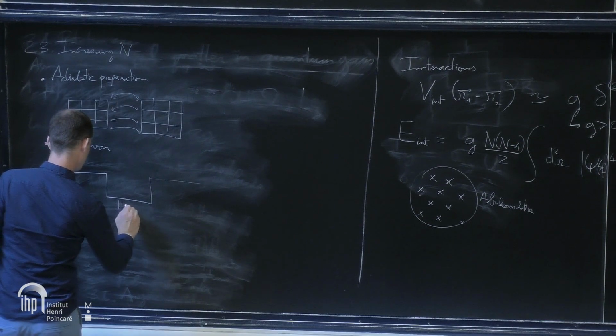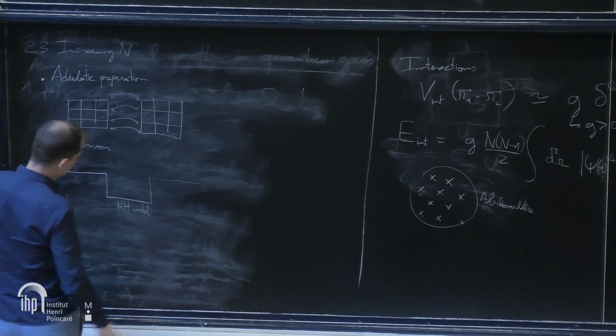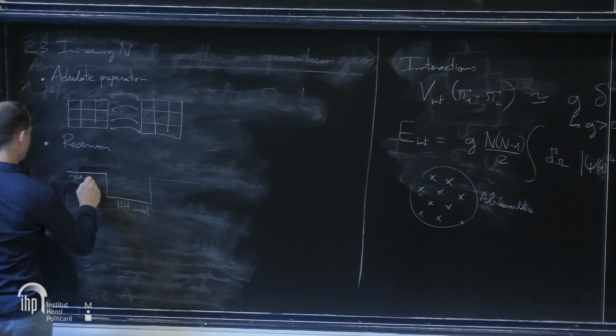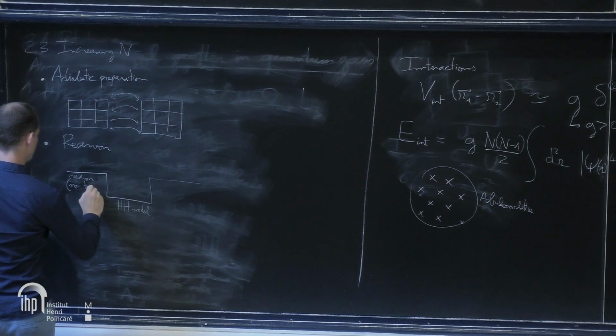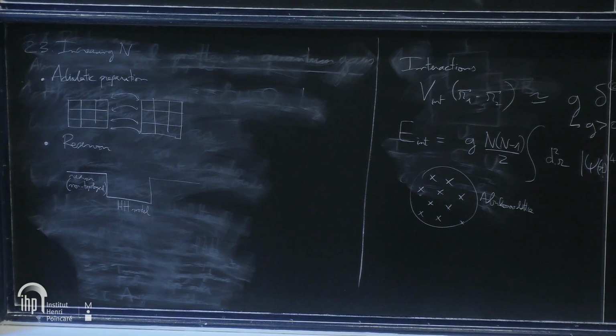There would be in the center, let's say the Harper-Hofstadter model, for example, where we target to create the Laughlin state. And here there will be a reservoir, maybe non-topological. So some parameter will be different so that the system is non-topological, does not have a gap in particular.